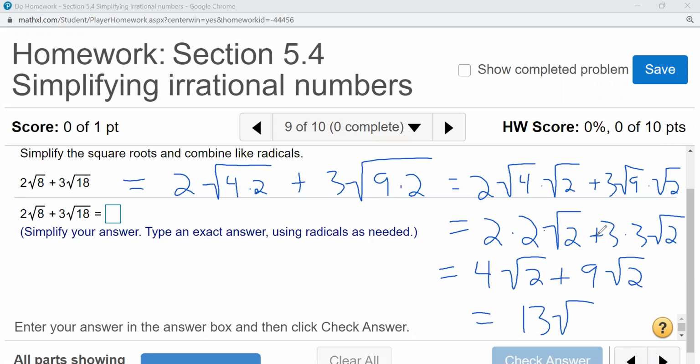Not a 4, just 2. Yeah, we're just saying that we have 4 of this object and adding 9 more to it, but it doesn't change the nature of the object itself. And so that's how we could simplify it. So 2 square roots of 8 plus 3 square roots of 18 is kind of nasty, but it's exactly the same as 13 square roots of 2, which is a little less nasty, isn't it? It's a lot more manageable.